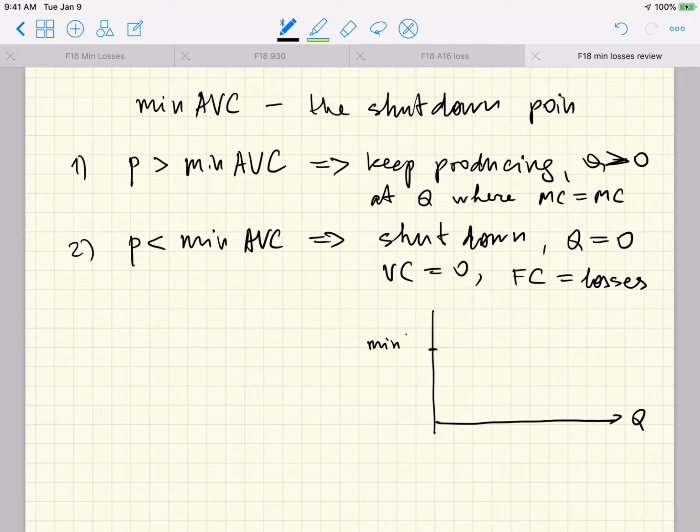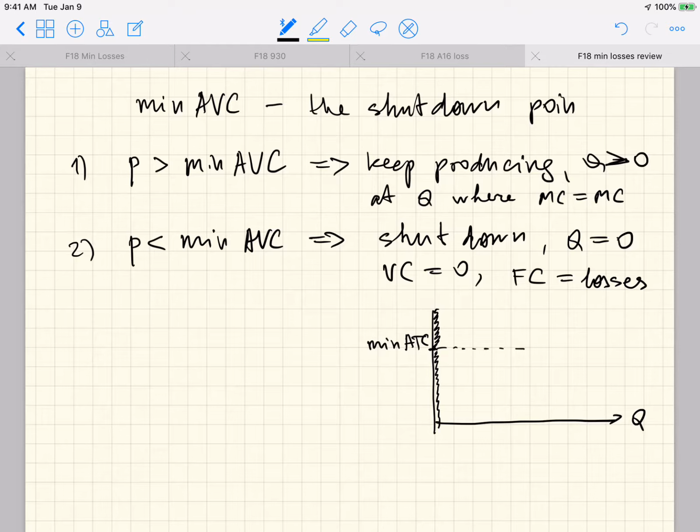Minimum ATC is the point that separates prices at which the company can make money, basically what happens if price is above minimum ATC, from those prices where the company is going to lose money. So everything above is where the company will make money, everything below is where the company is losing money.